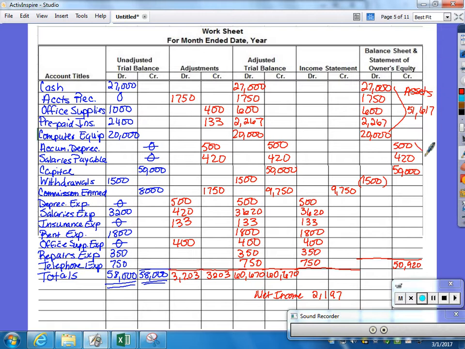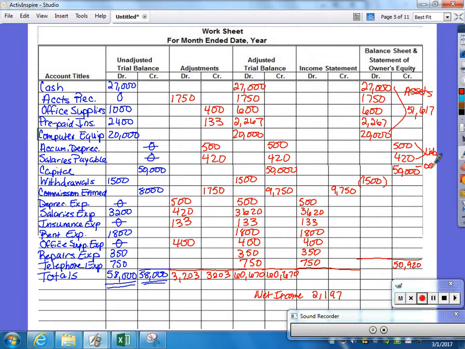Yes, ma'am. Why is withdrawal instead of... Because you're supposed to do what with withdrawals on the statement of owner's equity? So at this point, we have our 50,920 here, right?